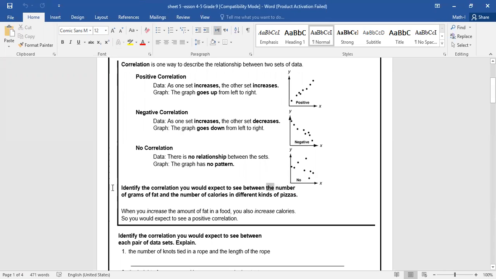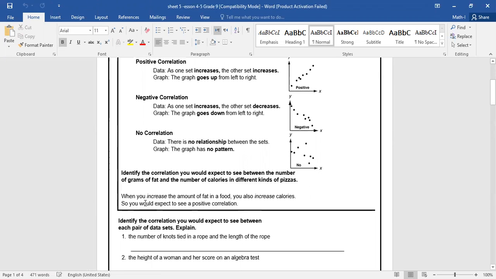What do you expect? For sure, when you increase the amount of fat in food, you also increase calories. So you would expect to see a positive correlation.